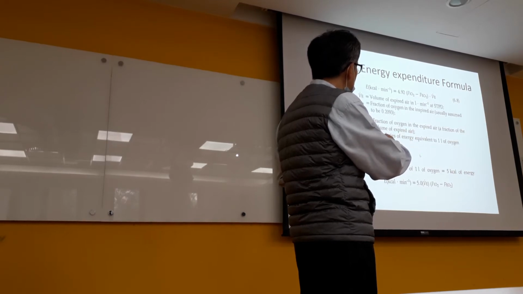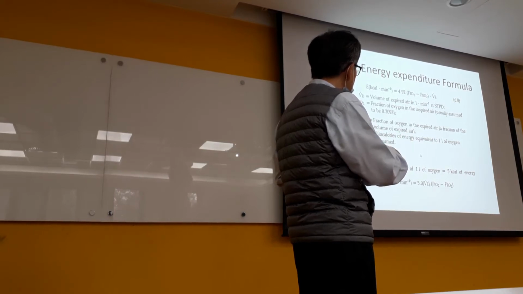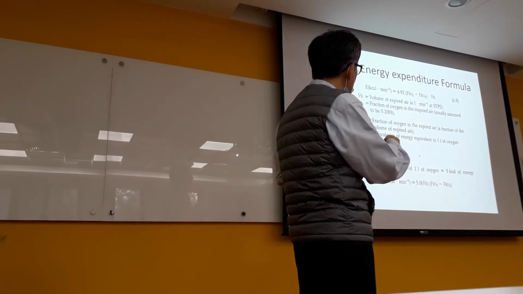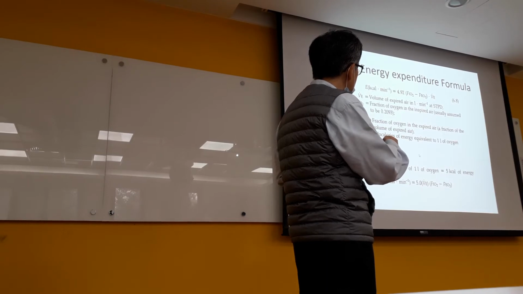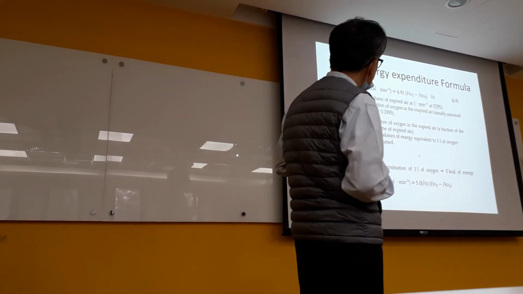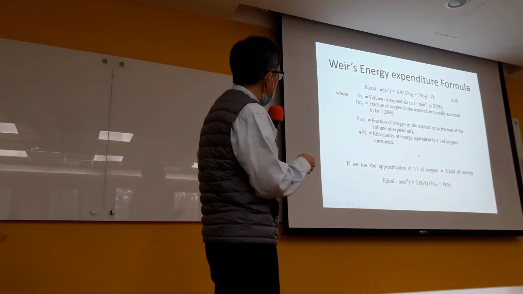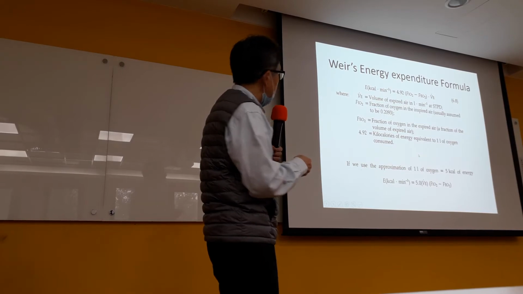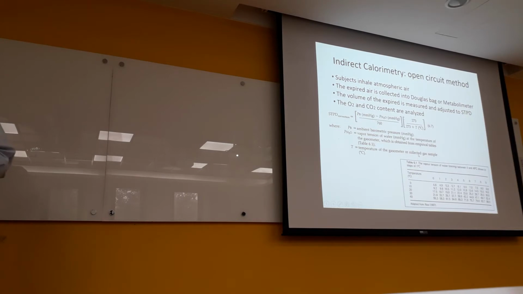And then we are able to measure fraction of oxygen in the expired air, and then we can estimate the energy consumed per minute. But remember, we have to report the volume in STPD. So how do we do that?